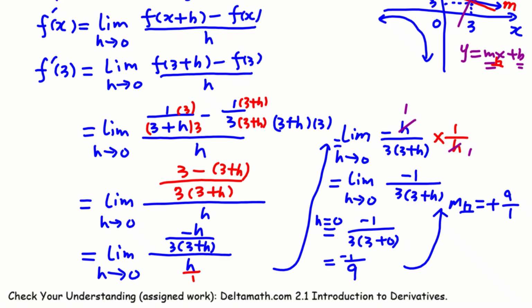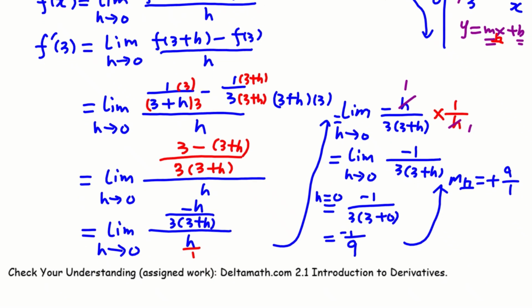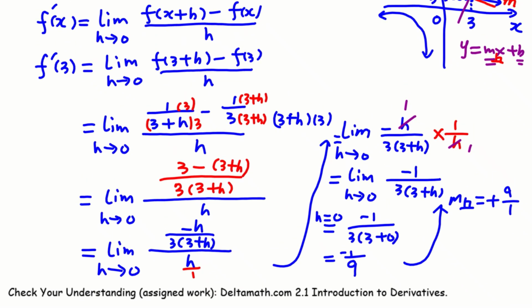And it asks you to find the equation of the normal. So what you are going to do is, we have the slope. We are going to need a point in order to find the b value. So in this equation, y equals mx plus b, you have 4 variables.